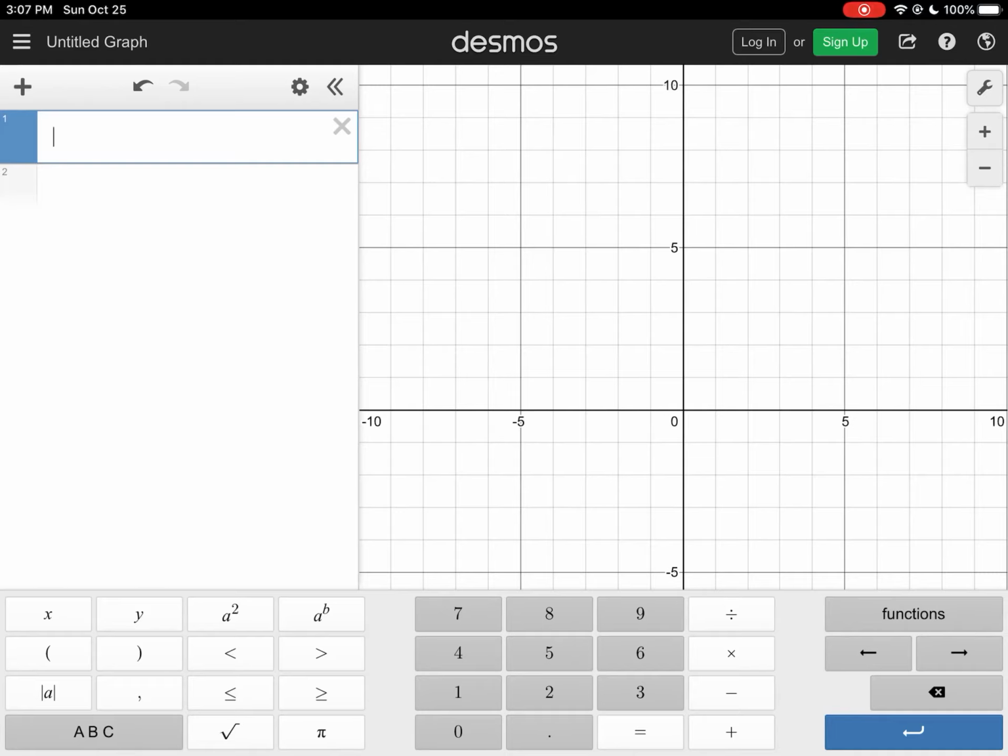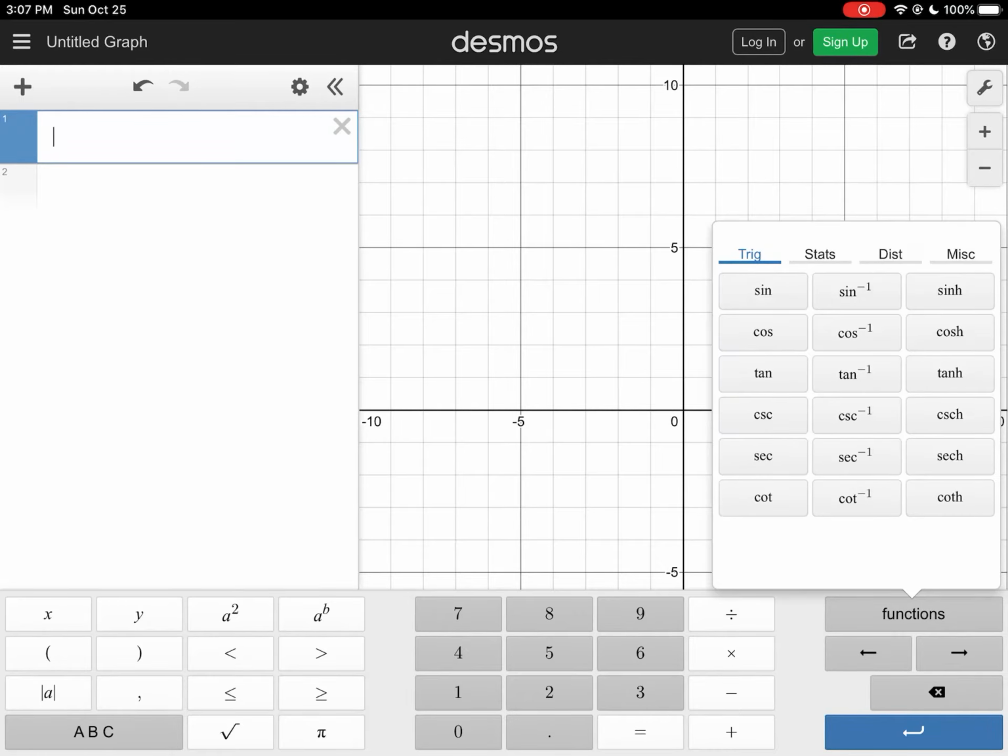Now, there's no algebra here. You're going to hit the functions, which is down here on the right-hand corner, down here at the bottom. Hit functions. And this time we want the inverse of sine. And the inverses of all the trig ratios are the second column that have the -1.